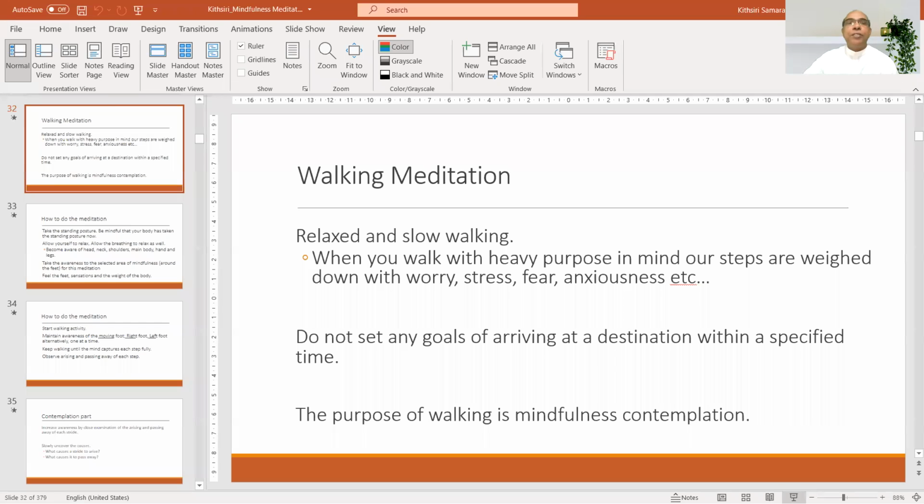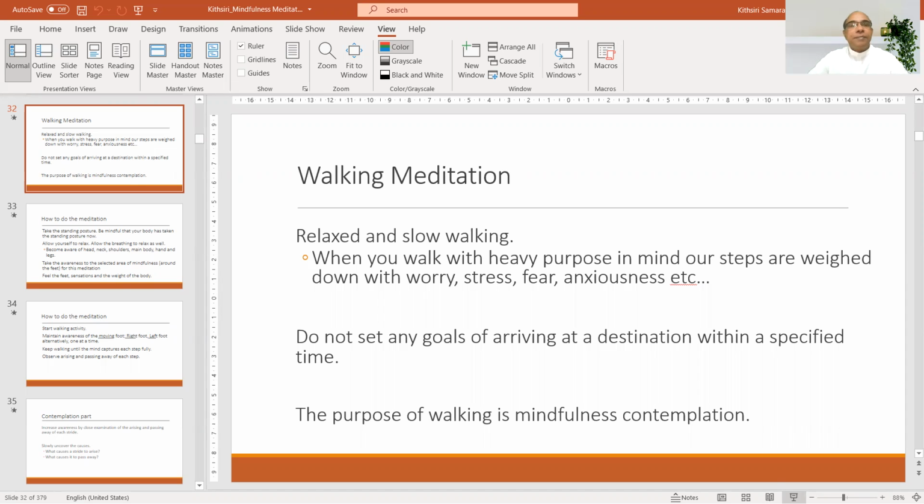Okay, we will move on to the steps and the knowledge of how to do the meditation. In the meantime, if questions arise in your mind, do not hesitate to type in the chat or ask by voice.